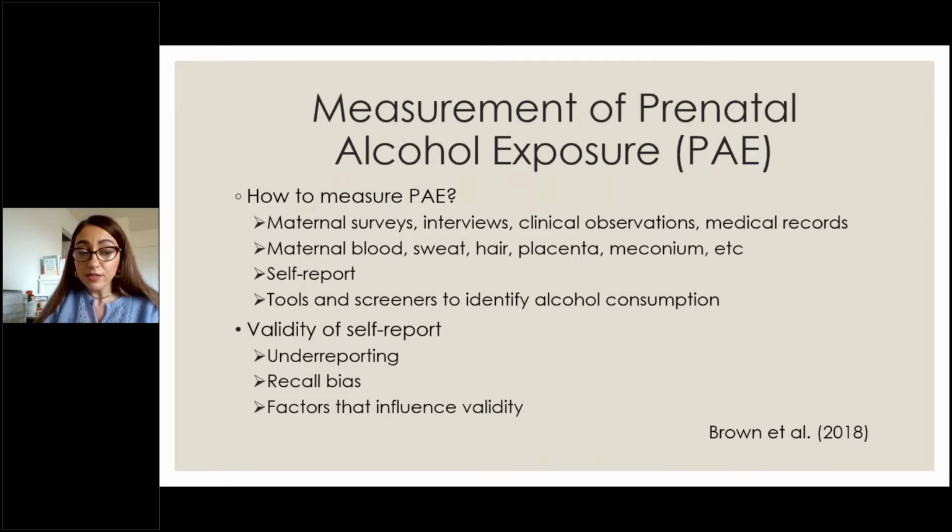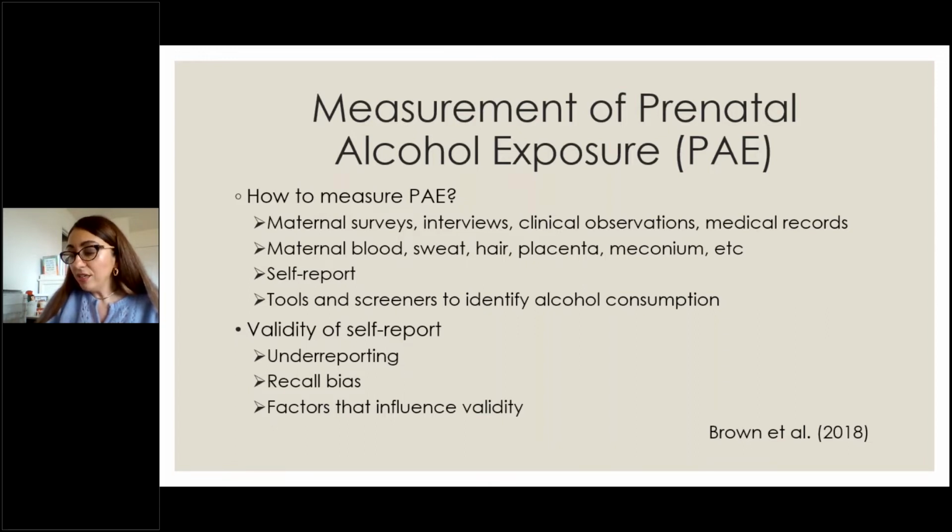And there are also some other factors that influence the validity of the self-report. Think about a birth mother being interviewed by a physician, okay? If the questions are asked in a very biased way, in a way that would make the birth mother feel guilty about her alcohol consumption, that she has done harm to her child, and if the questions are phrased and asked in a way to elicit that, of course it will impact the responses.